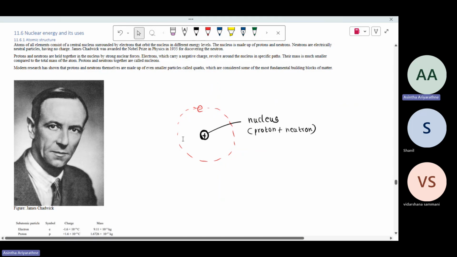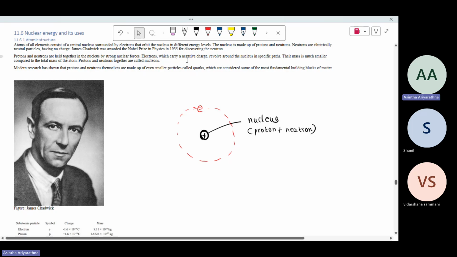More than 99% of the mass of the atom is concentrated in the nucleus, with the addition of protons and neutrons. And electrons are very lightweight.